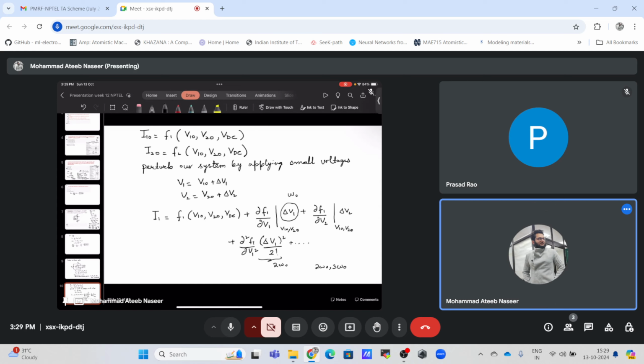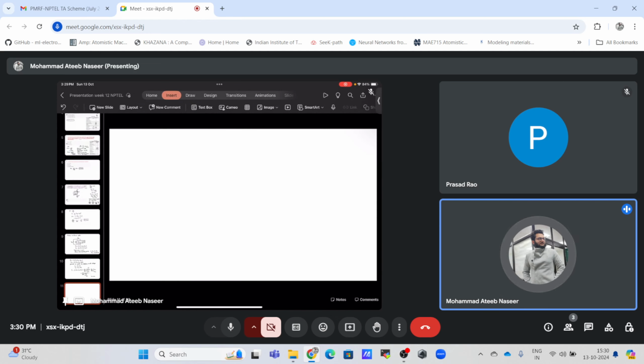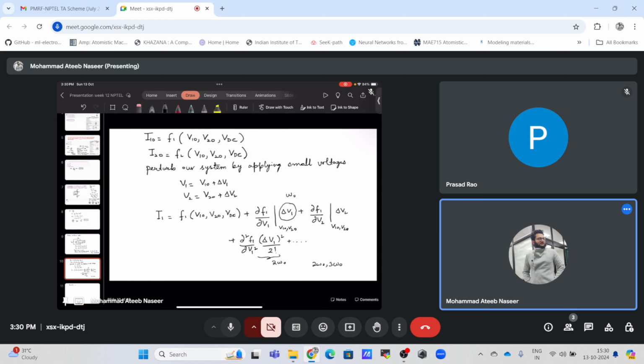So what we do is, let me write down this I1. This I1 is simply I1 of 0 plus delta I1, and this thing is I1 of 0.